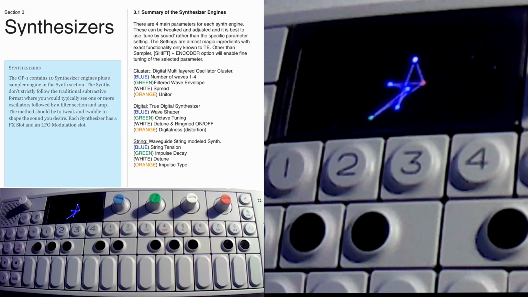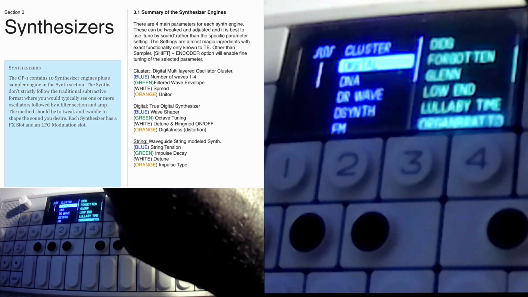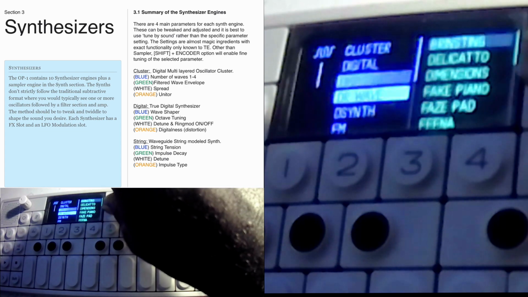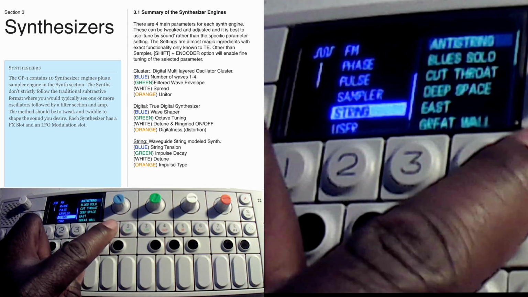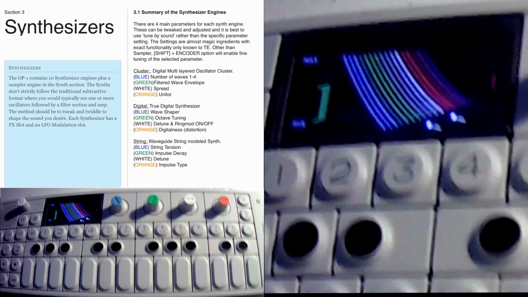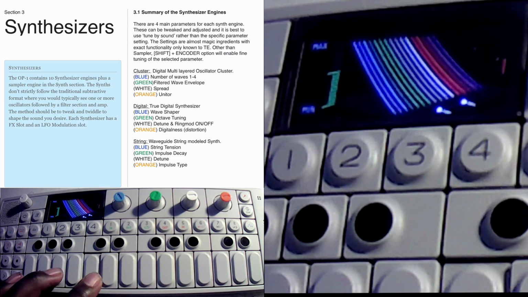The next one we're going to listen to is string. So I've done shift and 1, and then I'm going to go to the string engine. Here we go. Once again, the string engine, I guess, is a waveguide string modeled synthesizer.